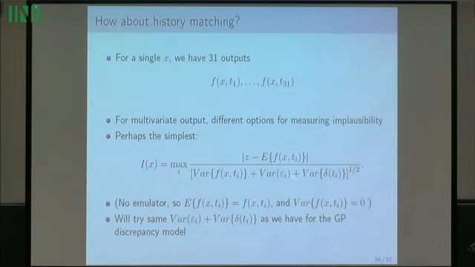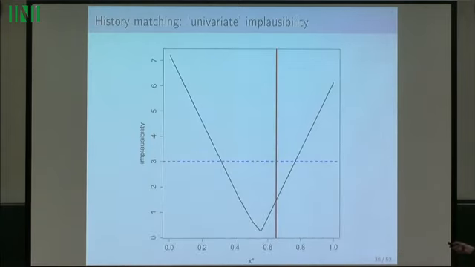But I've still got variance from the noise and variance from the discrepancy, and I'm going to pull out the same variances that you had for that Gaussian process model. So you get a picture that looks like this. If you're using 3 or even a more aggressive cutoff, you still pick up the right value, though that's still a little bit arbitrary, but just to show you what happens.